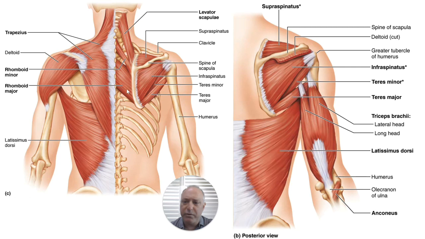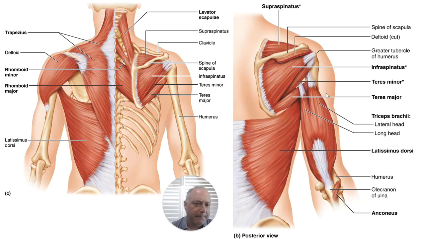Okay, deep to the trapezius is the rhomboid minor, the rhomboid major, and the levator scapulae, which pulls the scapula up. There are different rotator cuff muscles, the supraspinatus, the infraspinatus, teres major, and teres minor.